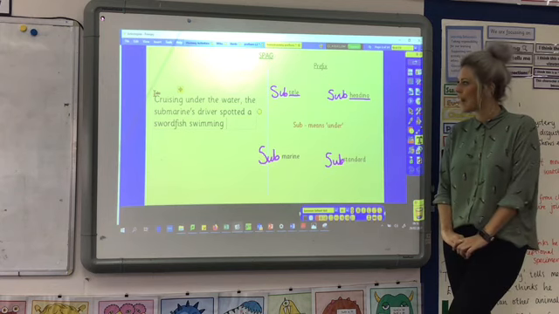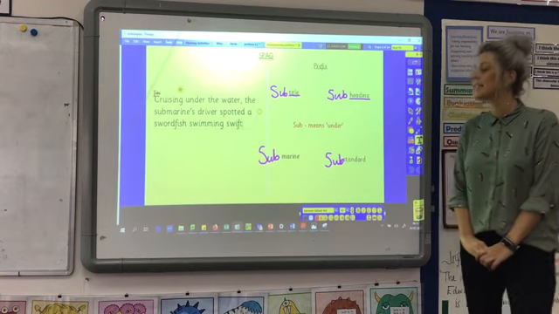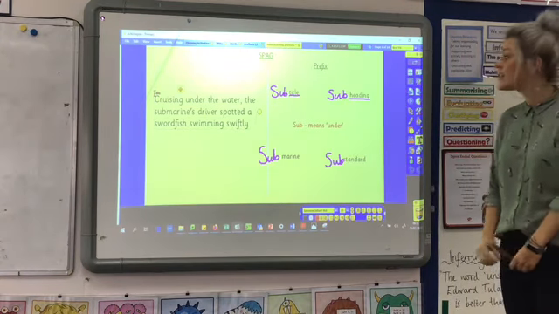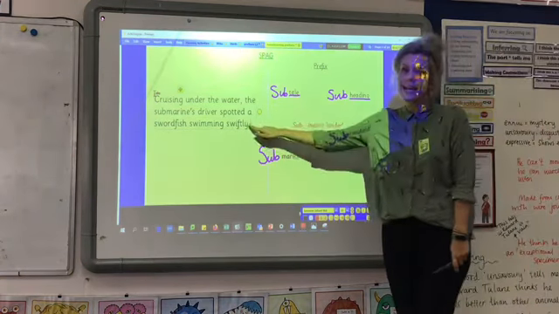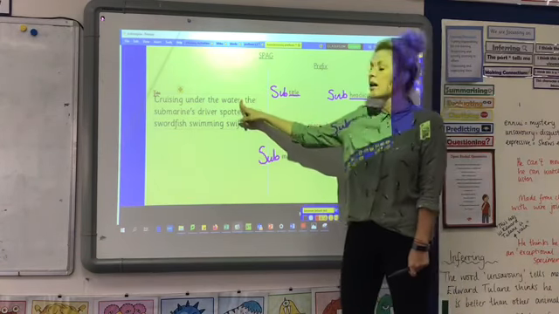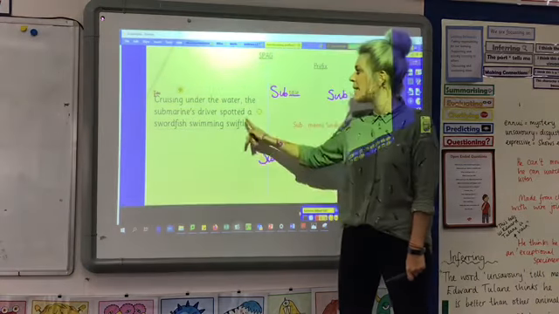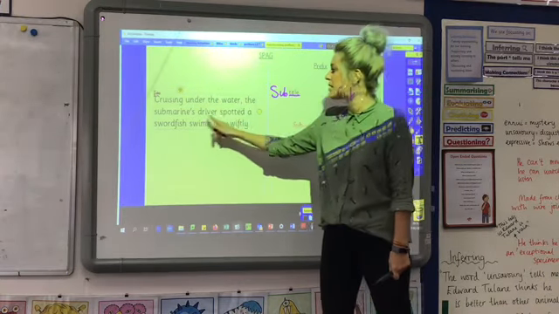So what could we have? Swimming swiftly. Swiftly means the same as quickly. So I have put this in a sentence. I have also made my sentence exciting by starting with a subordinate clause and having an adverb and some alliteration.